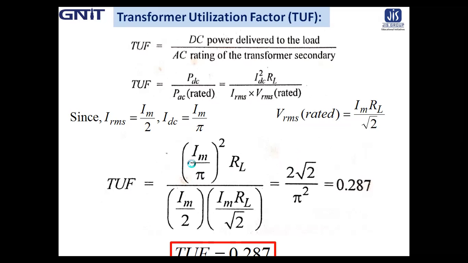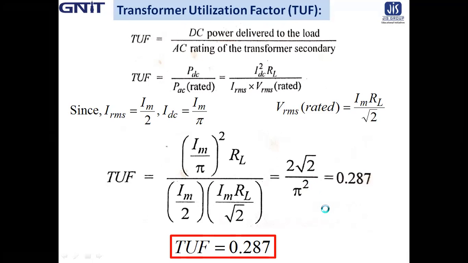That is, IDC value, Im by pi whole square into RL, by Im by 2 into VRMS rated, that is Im into RL by root 2. So that will be 2 root 2 by pi square, that is 0.287. So the transformer utilization factor for half wave rectifier is 0.287. Okay.